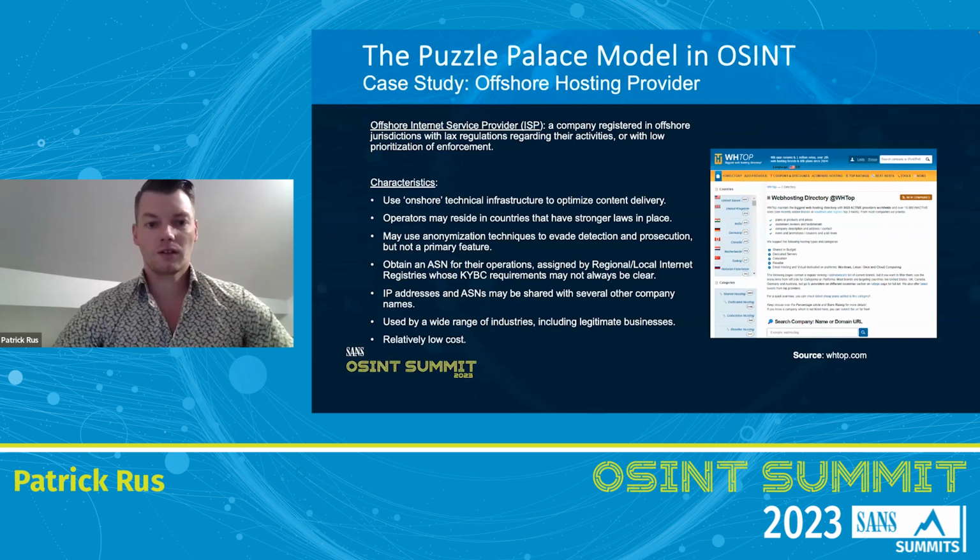The IP addresses and autonomous systems may be shared with several other company names, and these offshore hosting providers are used by a wide range of industries, including legitimate businesses. So in some situations where law enforcement, for example, is looking into them, they have to establish clear evidence that over 90% or 95% of the content or the services used on their servers are infringing, or related to criminal activity.